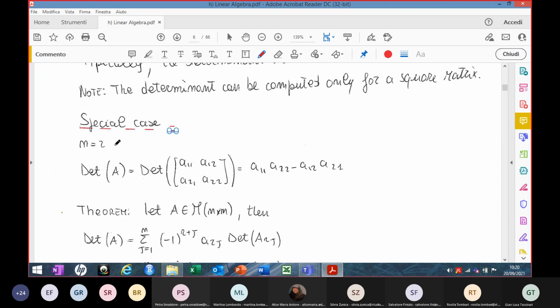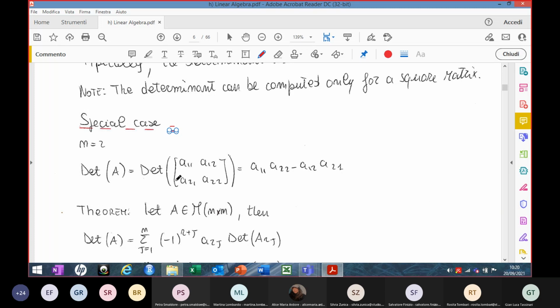Because you have square matrix of order 1, which is the scalar, square matrix of order 2, square matrix of order 3, etc., etc. So, obviously, the simplest one is the determinant of a scalar, which is the scalar itself. Then, the other simple case, less simple, but still simple, is the determinant of a matrix of order 2.